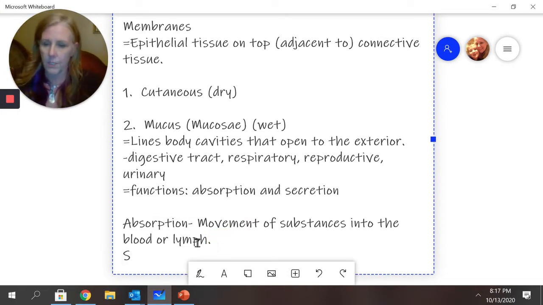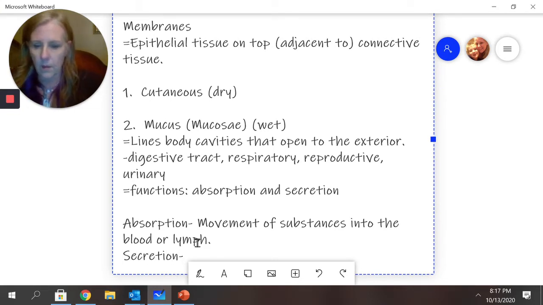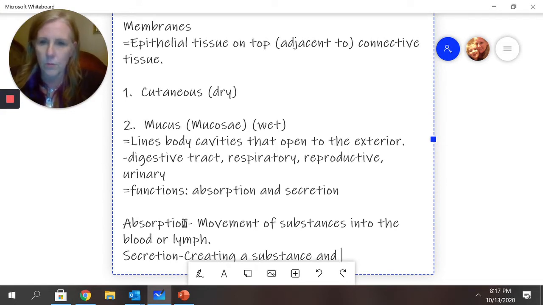You know what secretion is: creating a substance and moving it out of its cell.